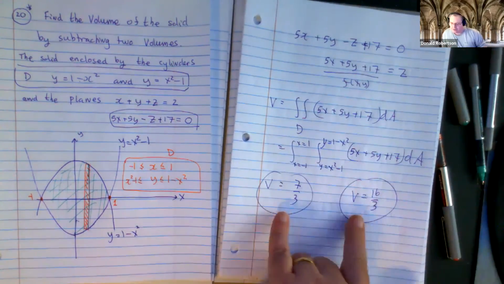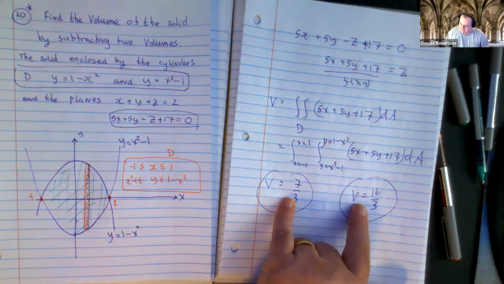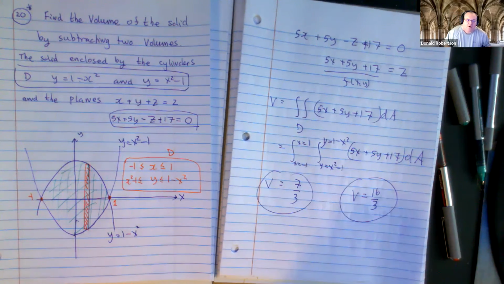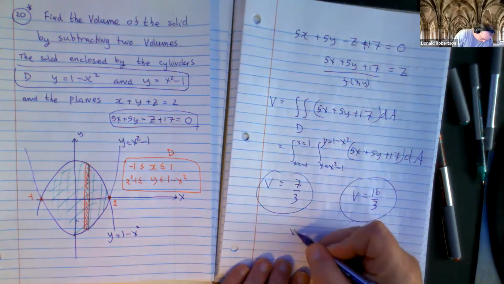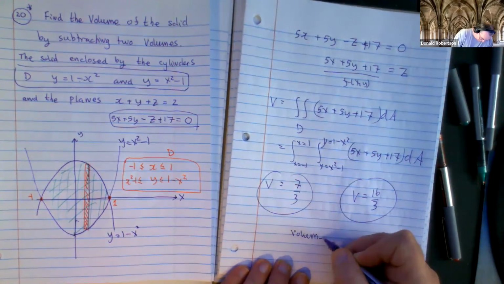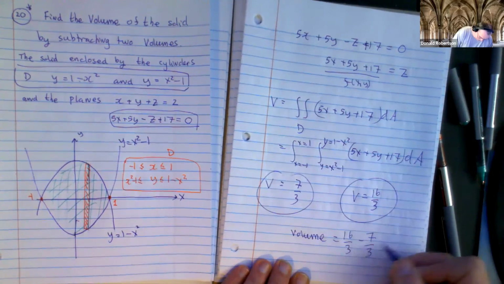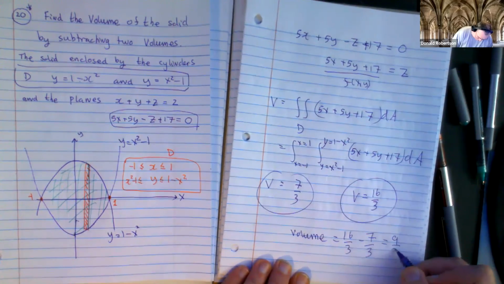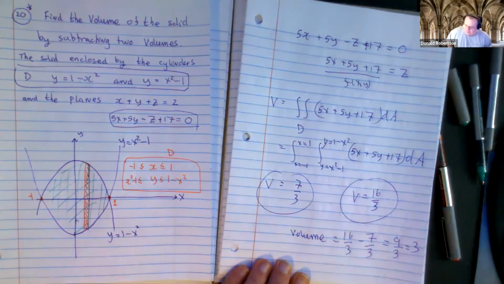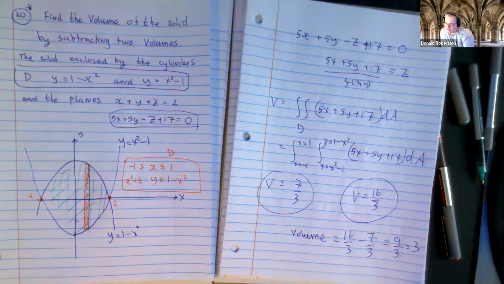Now that you've got these 2 volumes in front of you, what would be the volume between the 2 shapes? And they even tell you what to do. Don't you just subtract your 2 answers?